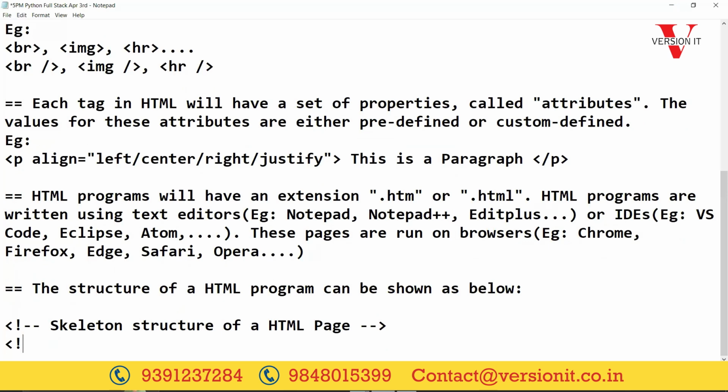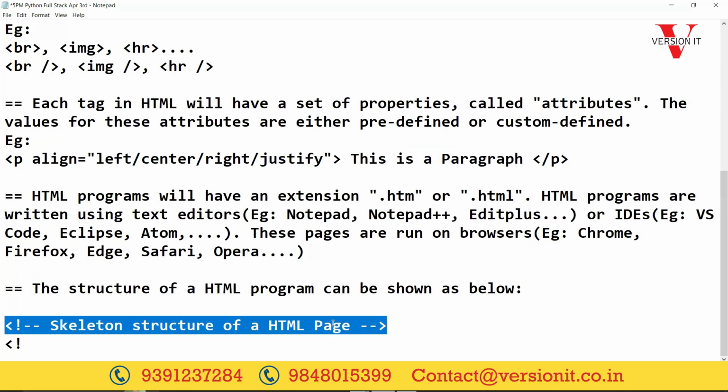An HTML page. So this is the comment about our program. Comment means we are describing our program in English. If you want to better understand your program, you can explain it in English. This explanation is for our understanding only, not for the browser. The browser cannot understand English.